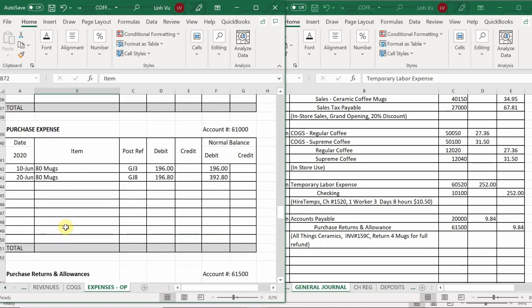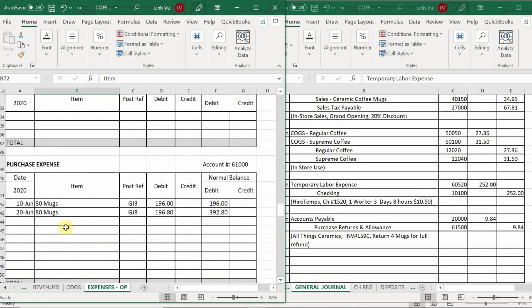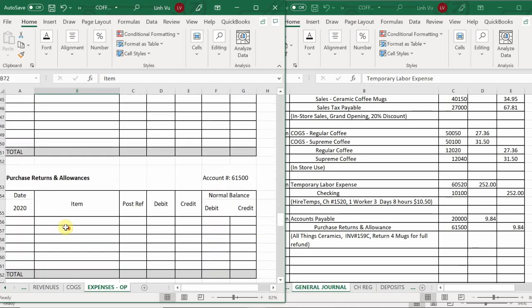So here's the expense, purchase returns and allowances. Here we are. The 21st. Full cap return. Full amount.